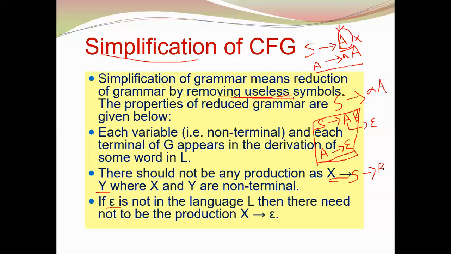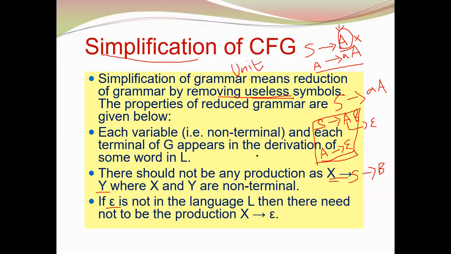So I can simplify the CFG in three ways. Listen, all of you. One is removing useless symbol. The next one is removing unit production. Unit production is nothing but non-terminal gives non-terminal. I can remove the particular unit production by substituting the right side variable.